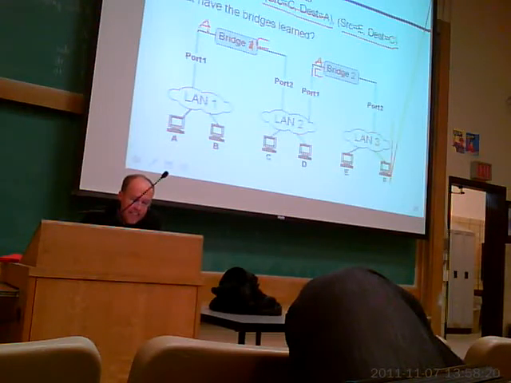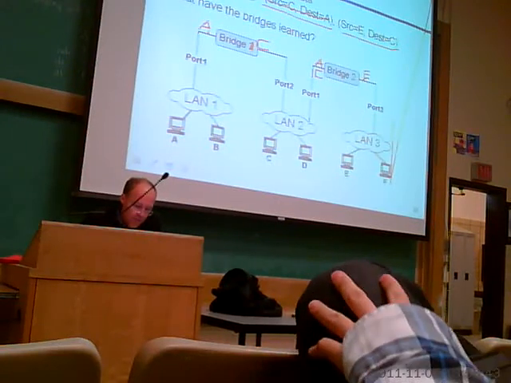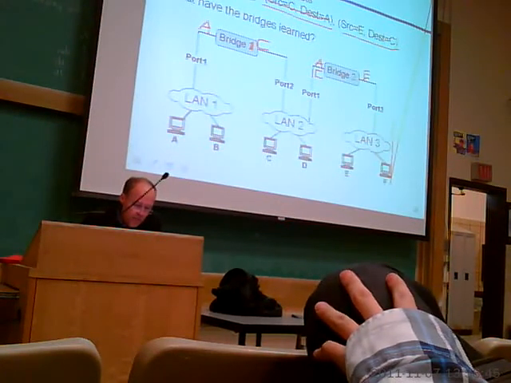Then when E sends a packet to C, bridge number 2 sets up a routing table entry for E on port 2. Then the packet is being sent out, destination C, on port 1, where the packet is then forwarded and reaches the destination.